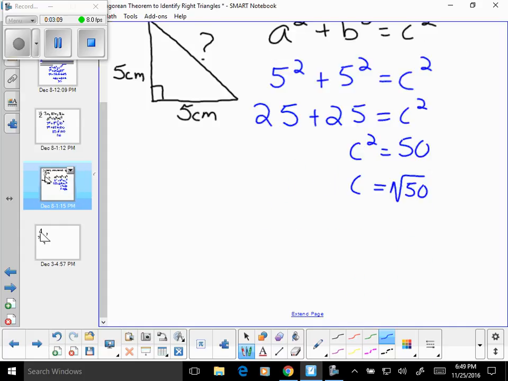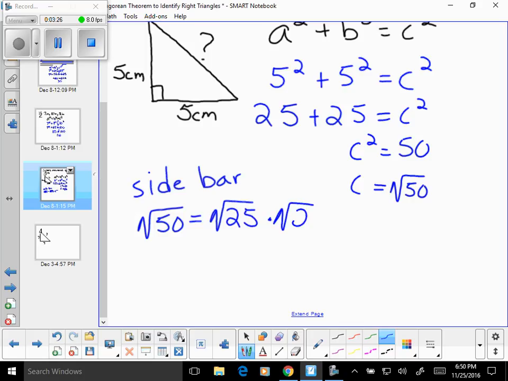Now, sidebar. The square root of 50 really means the square root of 25 times the square root of 2. What you do is you think about your perfect squares and you ask yourself, what factors of 50 will end up giving me a perfect square?